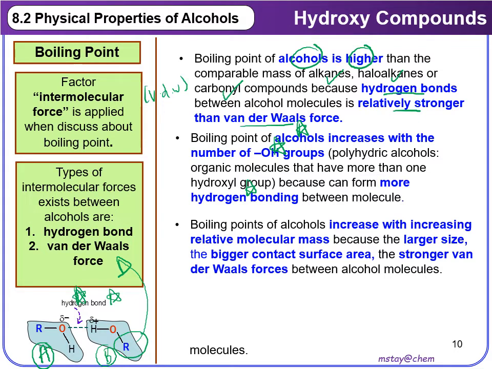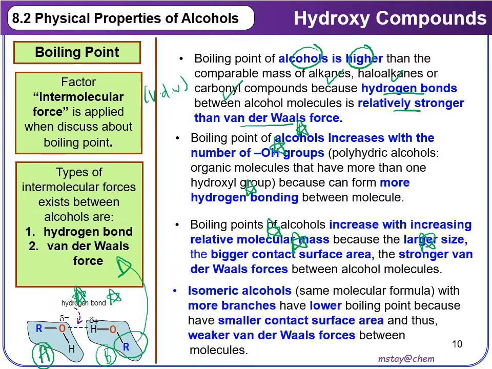It also depends on the molecular size. The bigger the size, the larger the contact surface area, so the stronger the van der Waals force and the higher the boiling point. If there is the same number of carbons, we look at the number of branches. Similar to alkane, more branches mean a lower boiling point due to the smaller contact surface area, and therefore weaker van der Waals force.